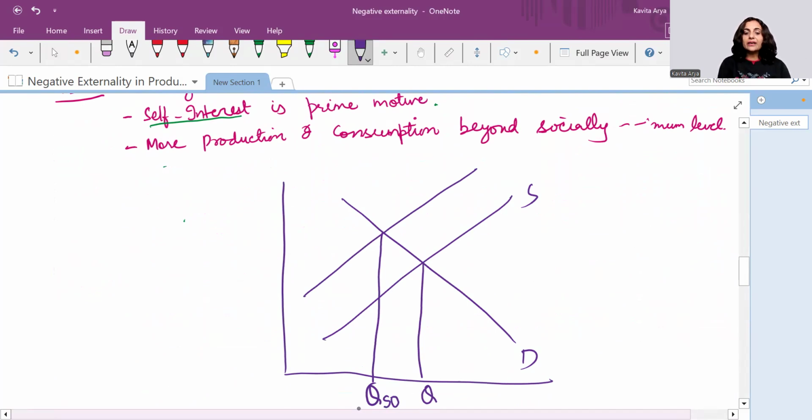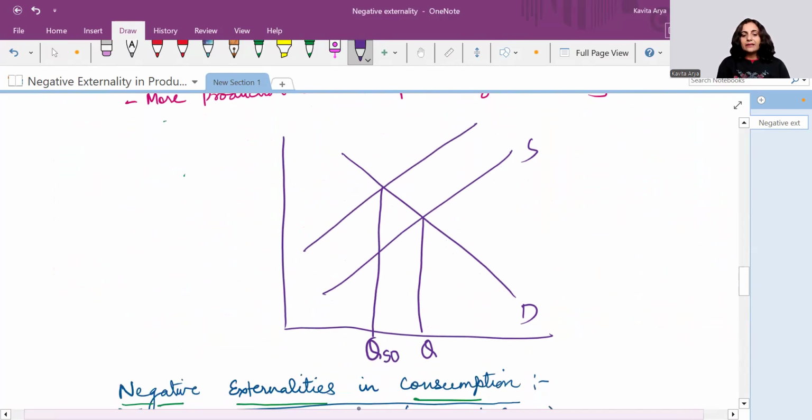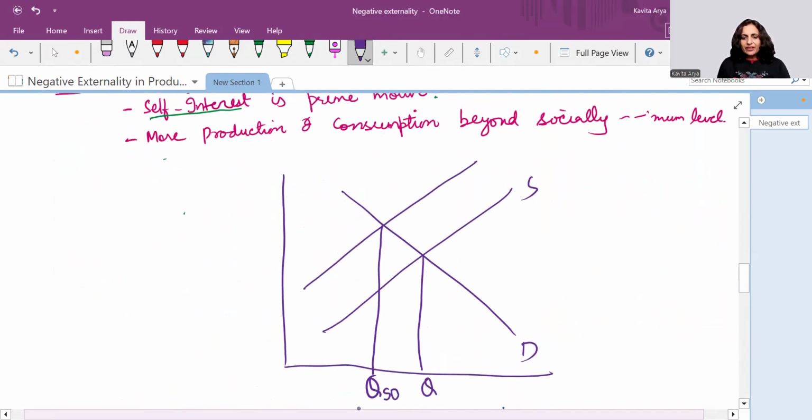It means if the government wants the quantity to be reduced from QA to QSO, the supply curve should shift leftwards. And when is it possible? When this new supply curve is given some addition of taxation.